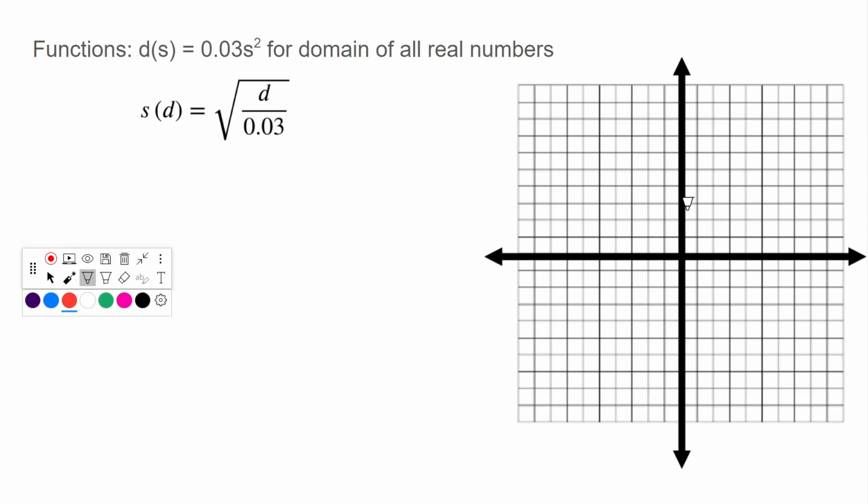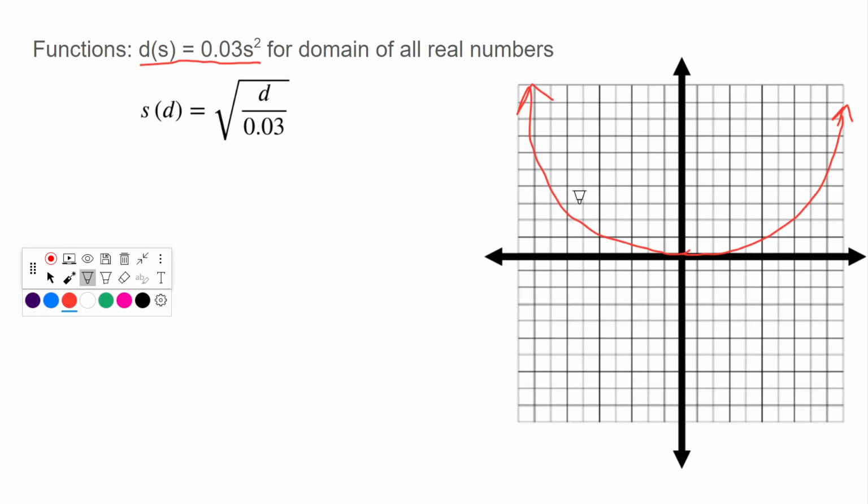So what we would see for d of s, and I'm going to do this one in red, since that's the pen I have on, would be a parabola that looks something like this. When you have a squared function, that's going to be a quadratic function. We get a parabola. It's a mirror image. It's symmetric around an axis.